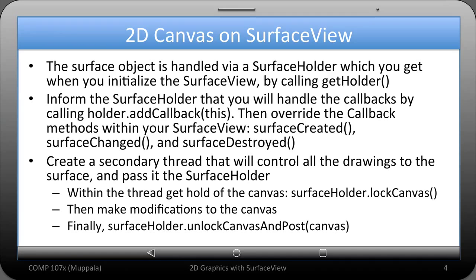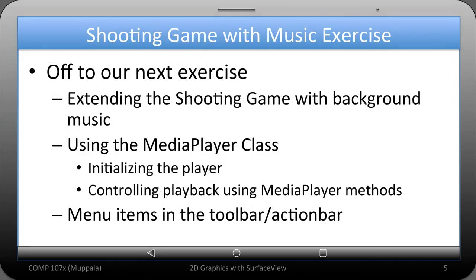So inside the thread, you get hold of the canvas by calling the surface holder lockCanvas method. At that point, you have access to the canvas, and then once you complete the modifications to the canvas, then you will unlock the canvas and then post it. So at this point, the view hierarchy will be updated with the new canvas.